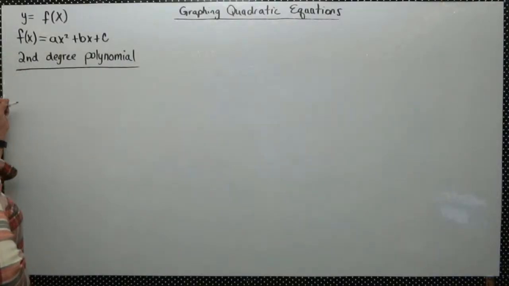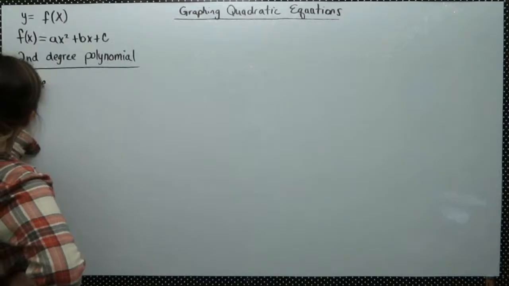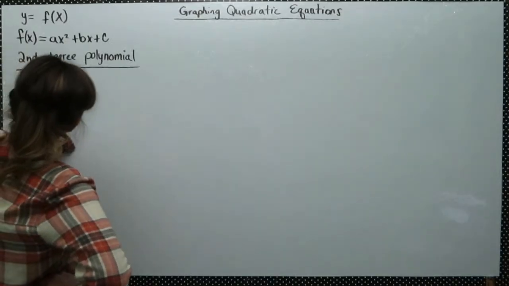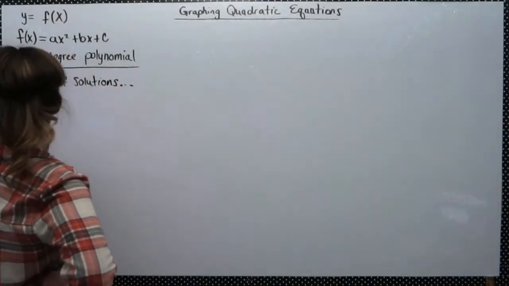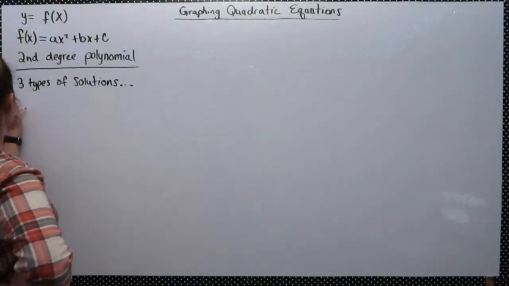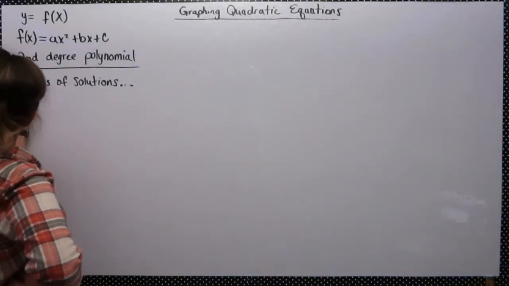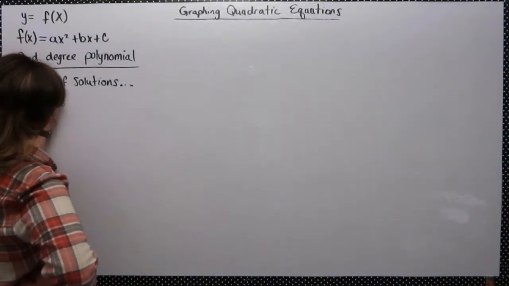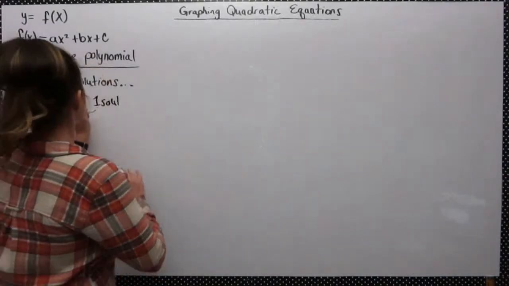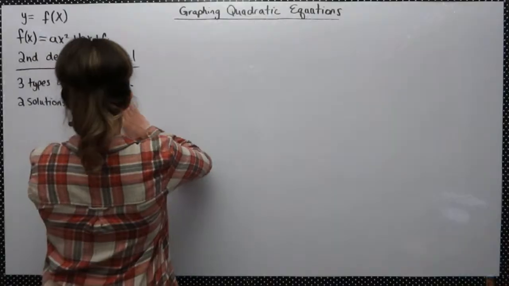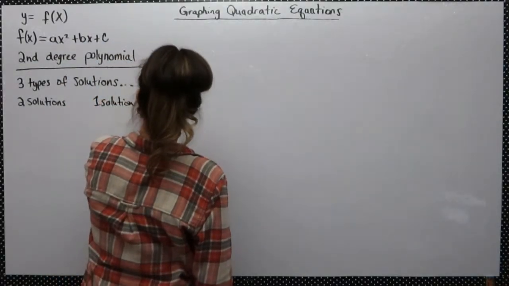So there are 3 types of solutions. You can have a situation where you have 2 solutions, one solution, or no solution.